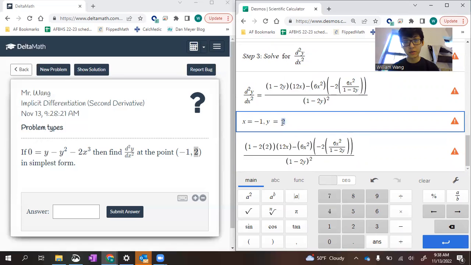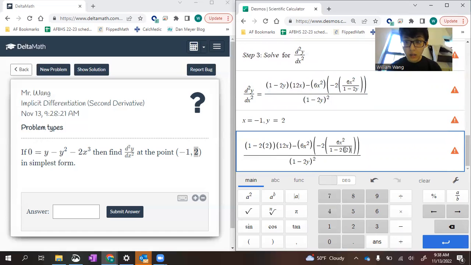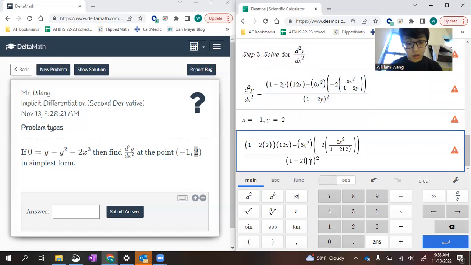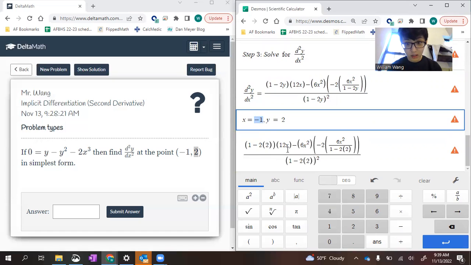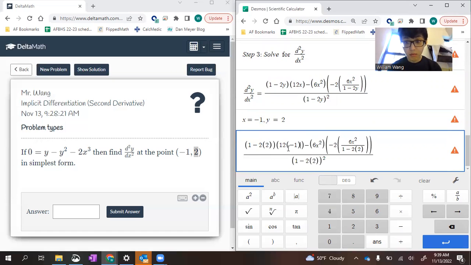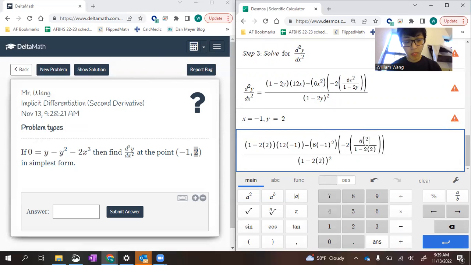I'll plug in 2 for y for the whole thing first. Cool. Now let's plug in -1 for x. Make sure you use your parentheses. All right. Looks like that's our answer.